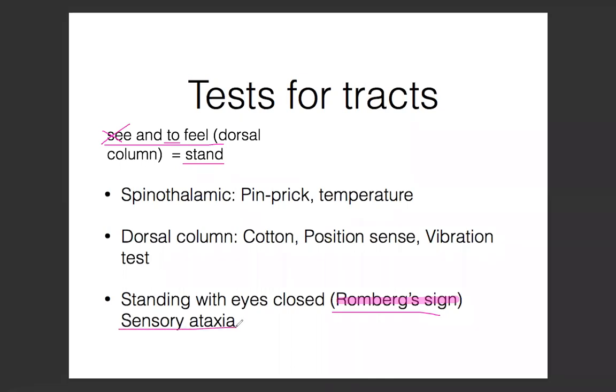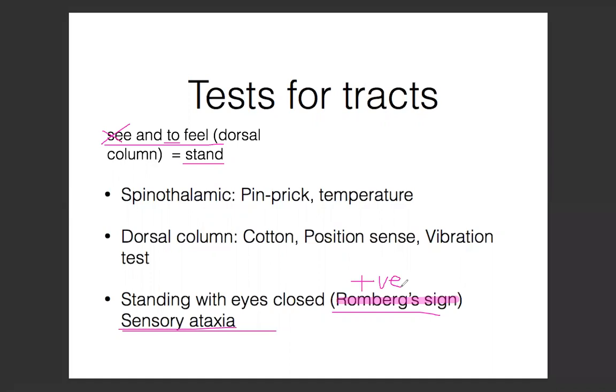If the patient cannot stand with their eyes closed, it's called a Romberg sign, and we call it sensory ataxia. That's their kind of disease. One of the diseases that happen to people who have a dorsal column injury is sensory ataxia, which means they have a positive Romberg sign, which means they cannot stand with their eyes closed.